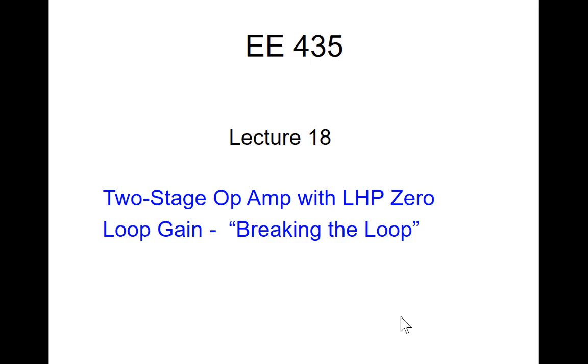Under second order low pass, there's a closed form expression that relates the pole Q to the phase margin. If it's not second order low pass, what's the relationship? I don't know. We don't know. There is no general relationship if it's not second order low pass. There's no analytical solution.